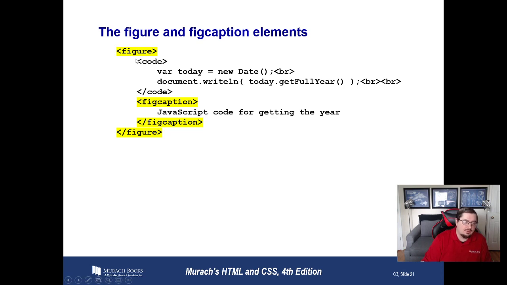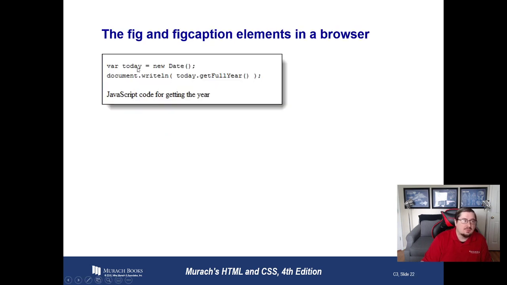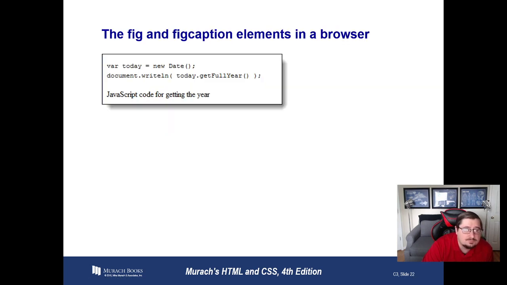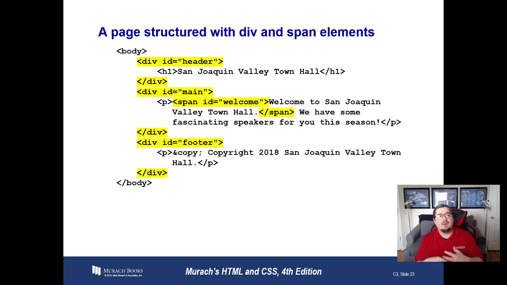So I've got a figure, and code is what I'm showing, and then beneath that I've got the caption. Okay, so this could have been an image as well, which is really the most common case. You'd have a figure, you'd have an image here, and then a caption that would appear beneath the image. Or you could put the caption above it, and the caption would appear on top. So that's figure and figcaption. Okay.